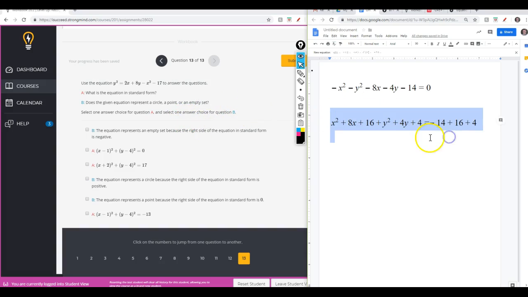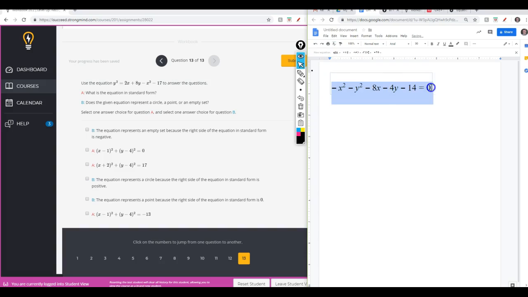Okay, so the first thing that I would do is combine everything on one side and have it equal to 0. So I would do that by subtracting this y squared from both sides. So y squared minus y squared gives us this 0.